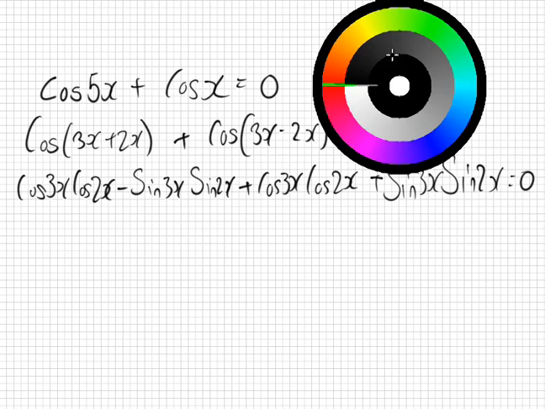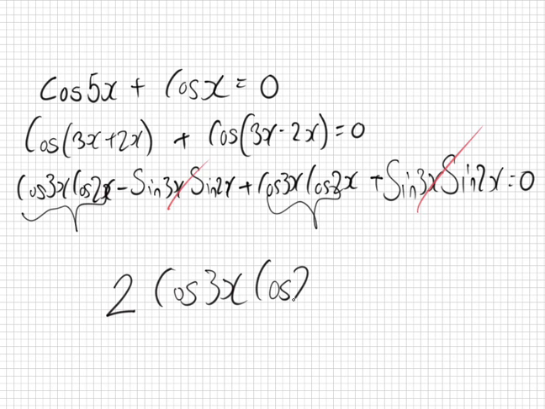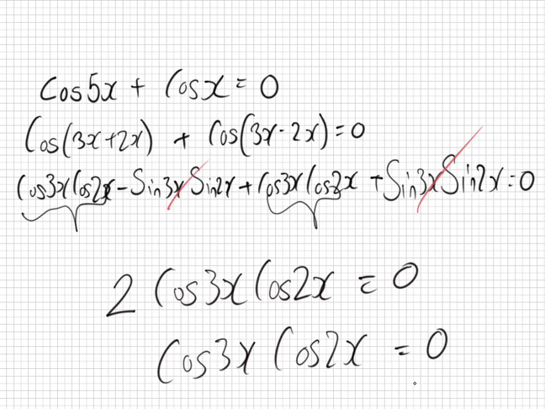And that's great. That's great because that one there cancels that one there. And it's even better because that is the same as that. Meaning I get this, 2 cos 3x cos 2x equals 0. Or I get cos 3x cos 2x equals 0.